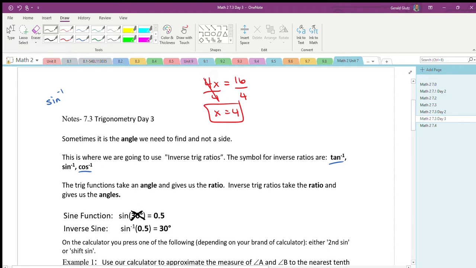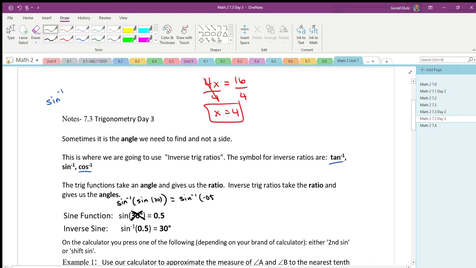So we had sine of x equals 0.5, and we need to figure out what x is. So to figure out what x is, I got to get x by itself. So I would take the inverse sine of both sides.